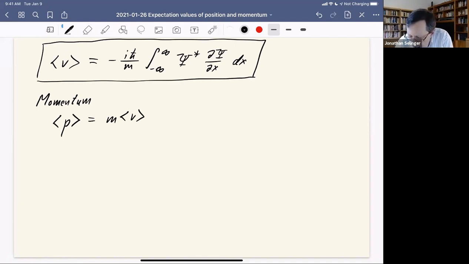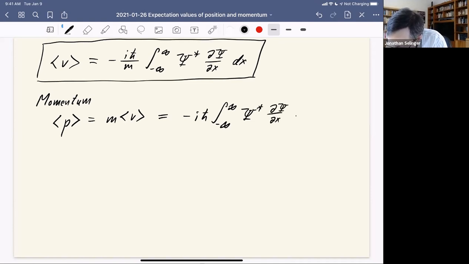That's convenient because there was a mass in the denominator, so we can just cancel that, and the momentum is minus i h bar times this integral from minus infinity to infinity of psi star d psi dx integrated over x.